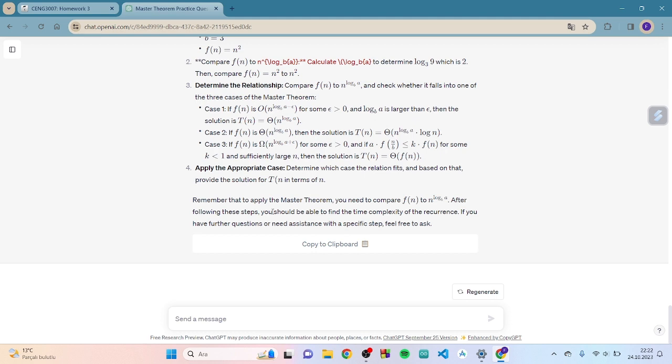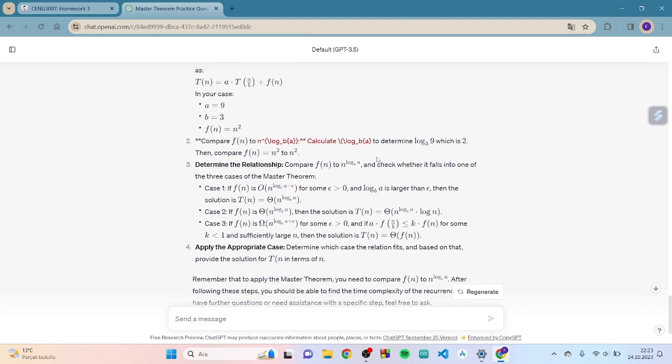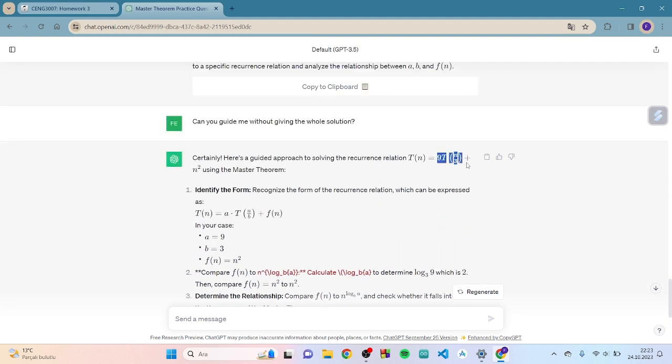To solve the given recurrence relation using the master theorem, I will follow the same steps as before.